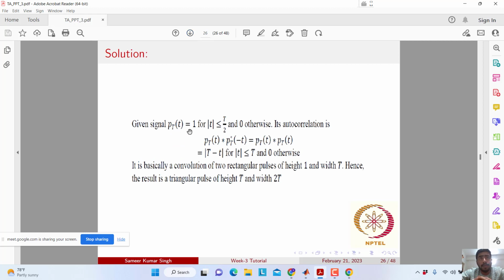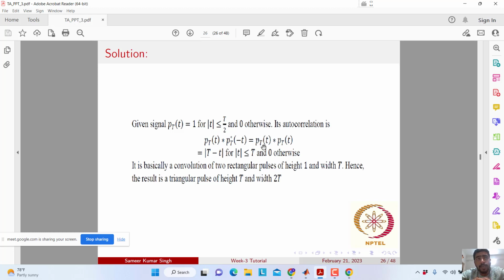Actually, p(t) is given as 1, lying from minus T by 2 to T by 2. Basically it's a rect pulse, and 0 otherwise. So we have to find the autocorrelation. To get the autocorrelation, we convolve p(t) with p star of minus t, and the function is an even function, so we can write that term in this form: it will come p(t) convolved with p(t). Mainly we are convolving two rect pulses lying from minus T by 2 to plus T by 2 and having amplitude 1.